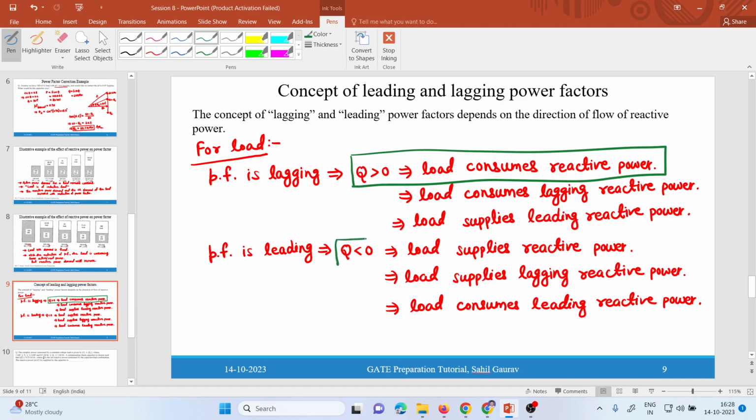For this also, if Q is negative, then the load supplies reactive power, that means the load supplies lagging reactive power. And if you change the sign, supply and consume, then the load will consume leading reactive power.